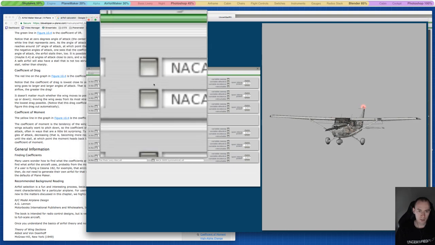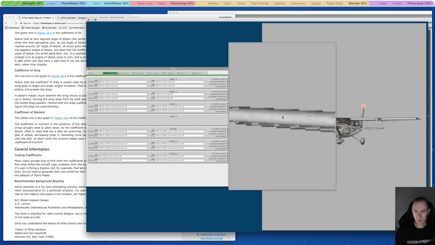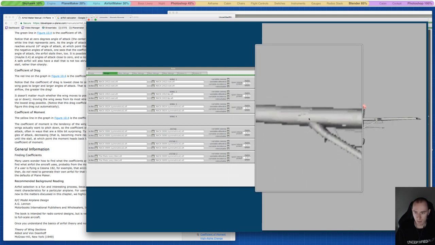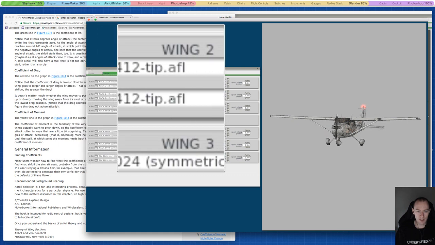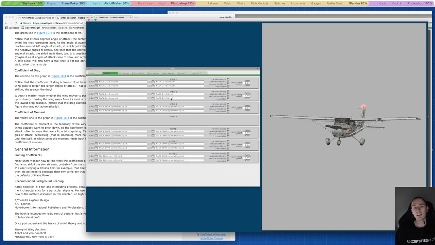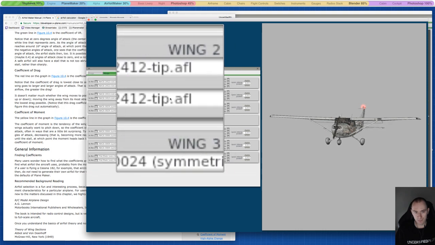So they're calling that root. Then if we move on to the second wing section, and obviously that second wing section starts from that same first root. So it starts with the same root again, but then moves on to the wing tip. It could be that Laminar is accounting for wing washout through this mechanism, root to tip.